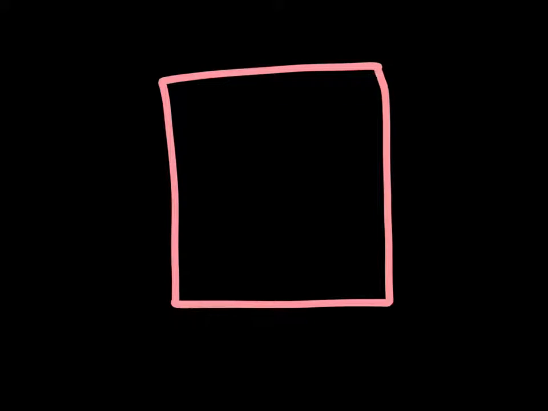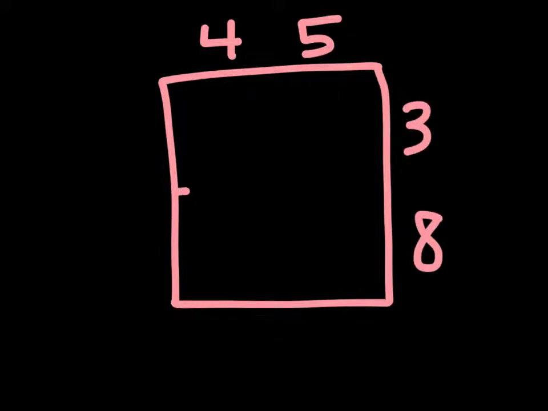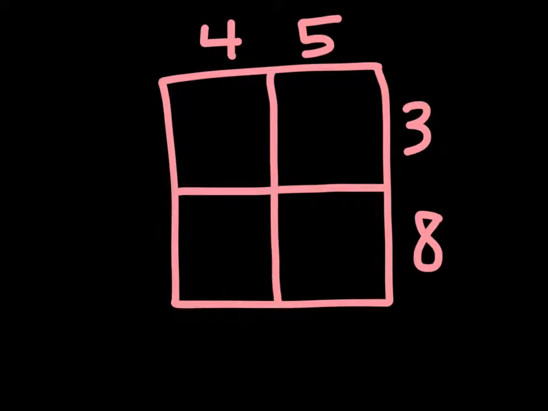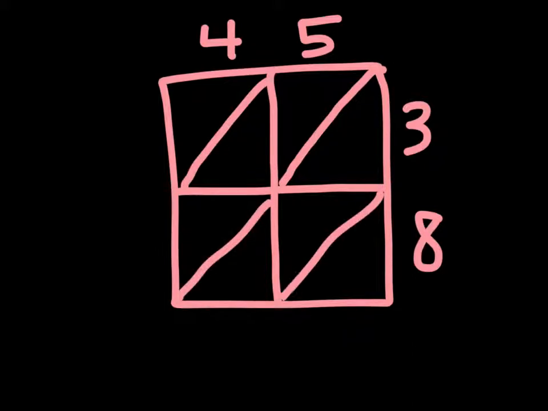Now imagine I wanted to draw my own. Let's say I was multiplying two two-digit numbers. Let's say I was taking 45 times 38. The first thing to do is to go ahead and draw your lattice. Each square has a diagonal that runs from the top down to the bottom.